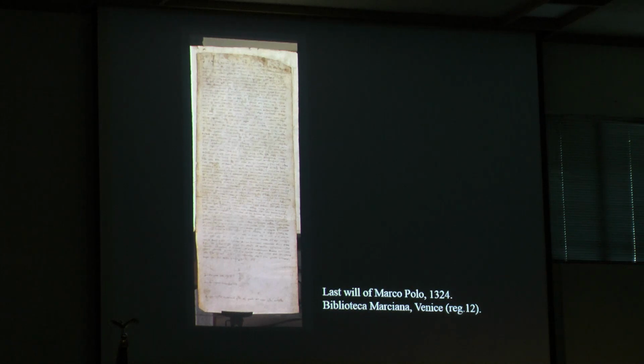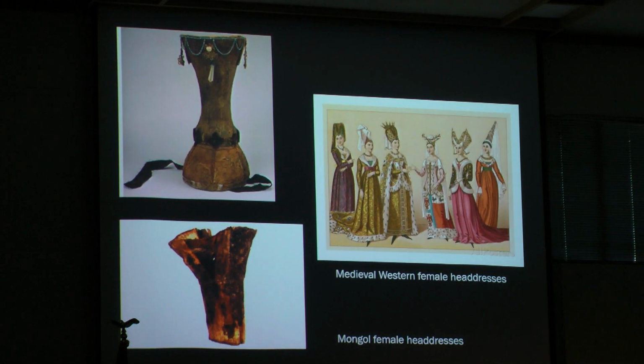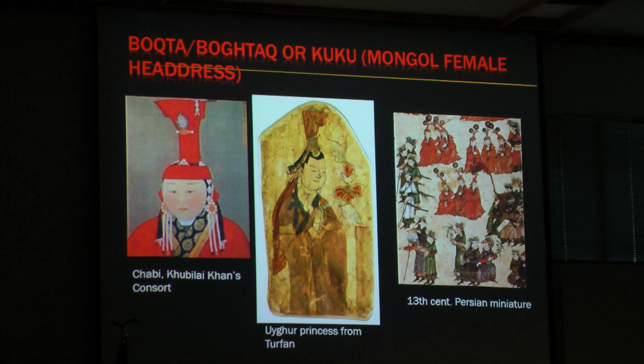Allegedly, the tall medieval hairdresses that became popular in Europe were inspired by the tall Mongol female headdresses, the boqta or kuku, covered with refined textiles. The kuku became popular amongst all the noble ladies of the Mongol Empire, from China to Central Asia and to the Ilkhanate of Persia.